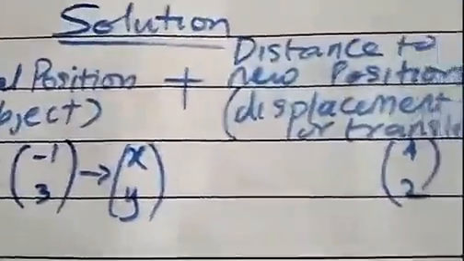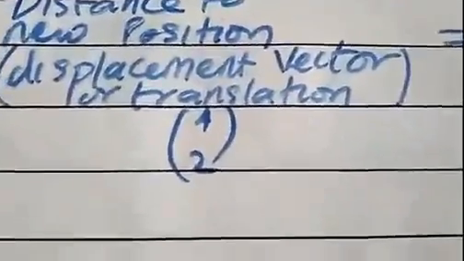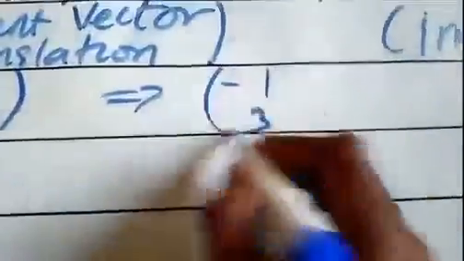To get the new position, notice what we indicated: the initial position plus the distance gives the new position. So we add (-1,3) to (4,2), which gives the image.